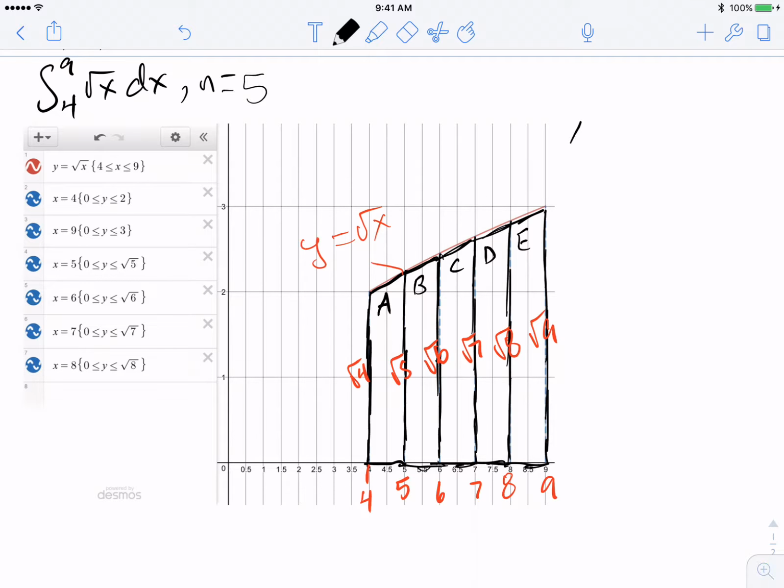So let's write out these areas. So 1/2 base 1 plus base 2 times the height. And the height here is this region, and it's just 1.